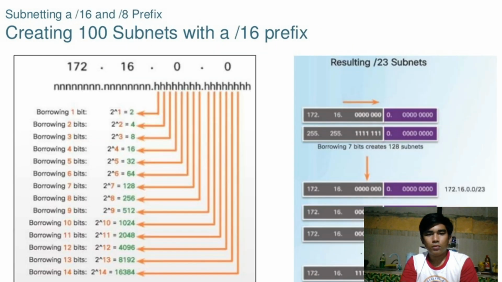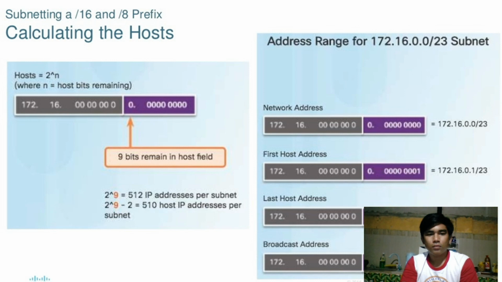Calculating the hosts: there are two pictures. 2 to the 9th equals 512 IP addresses per subnet. 2 to the 9th minus 2 equals 510 host IP addresses per subnet. The address range for the 172.16.0.0/23 subnet.